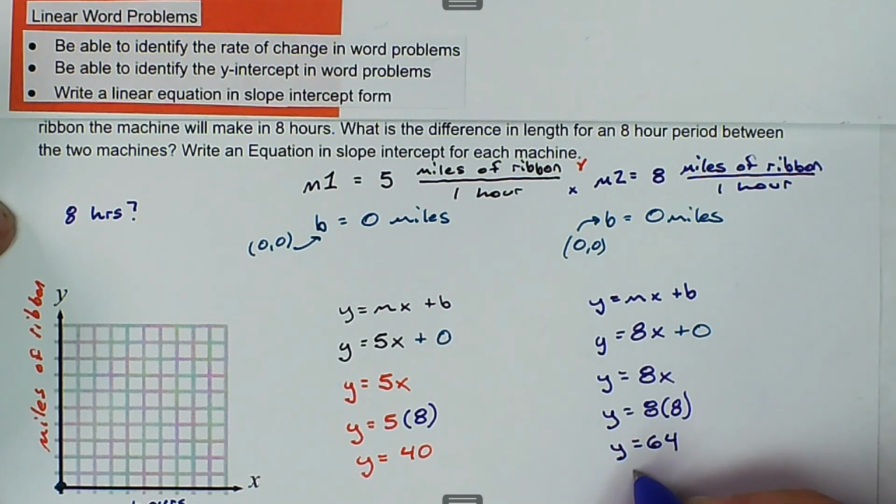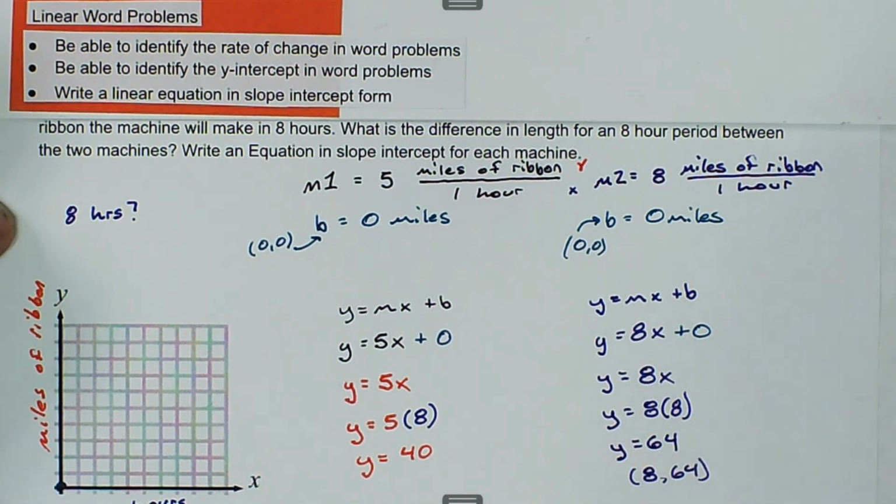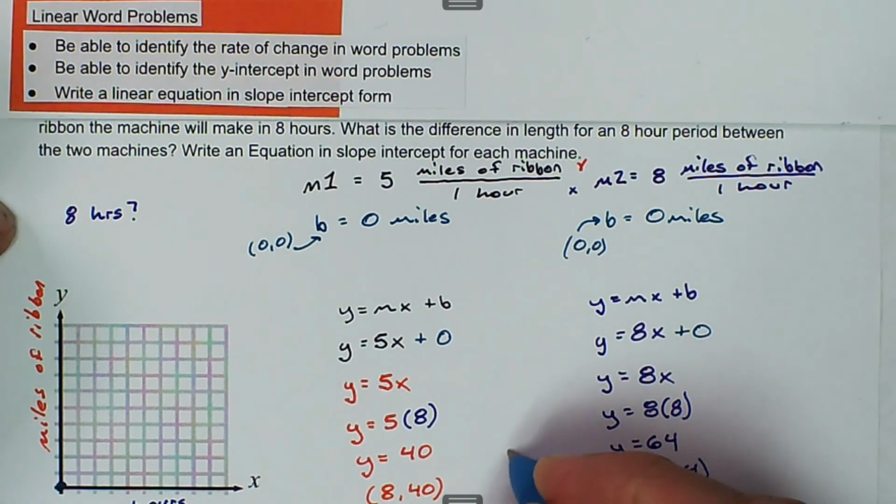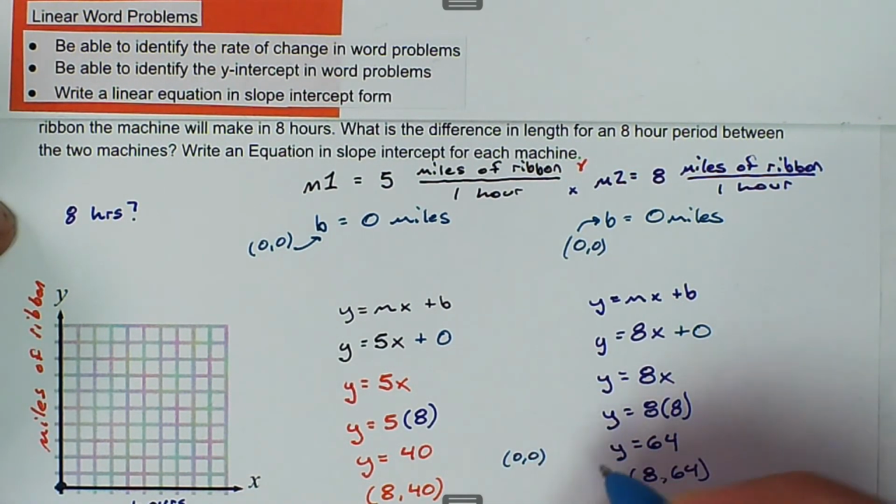So we have the ordered pair of 8, 64. And then over here we have the ordered pair of 8, 40. And for both of these equations, the starting point is going to be 0, 0. So when we go to graph this, we have to make sure that the graph will account for all of our coordinate pairs.